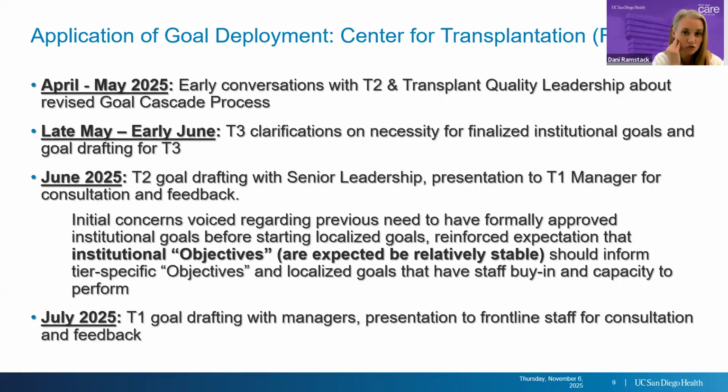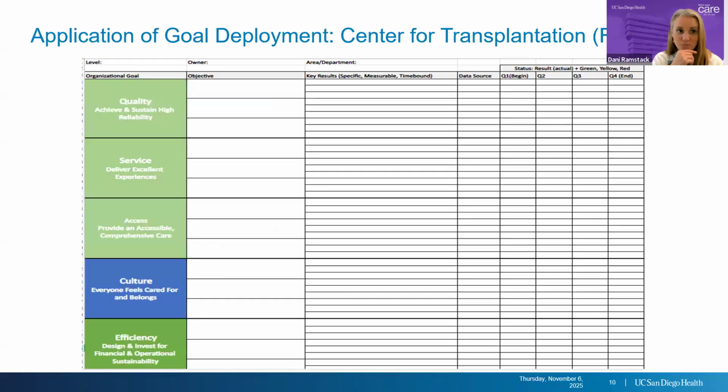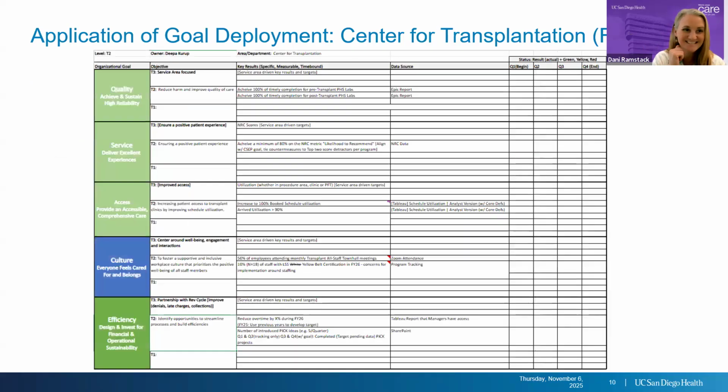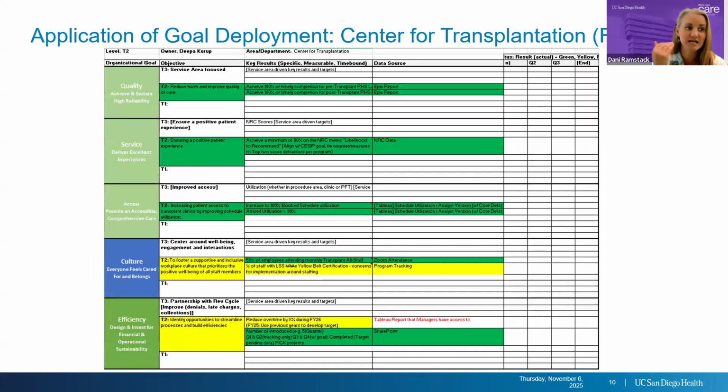So we took this goal deployment worksheet, if you will, and Josh and I had met, and I outlined some different objectives, potential things that I thought, as a manager, we've been tracking.